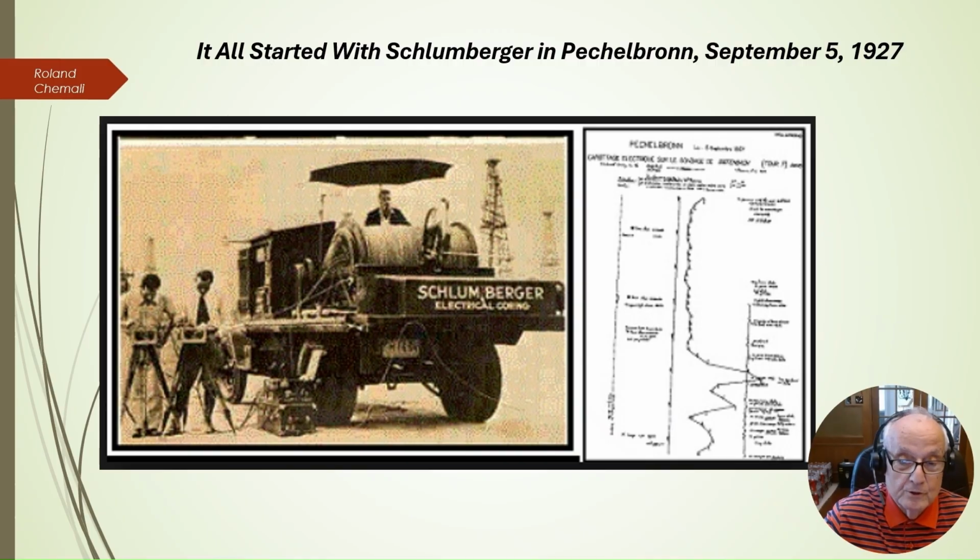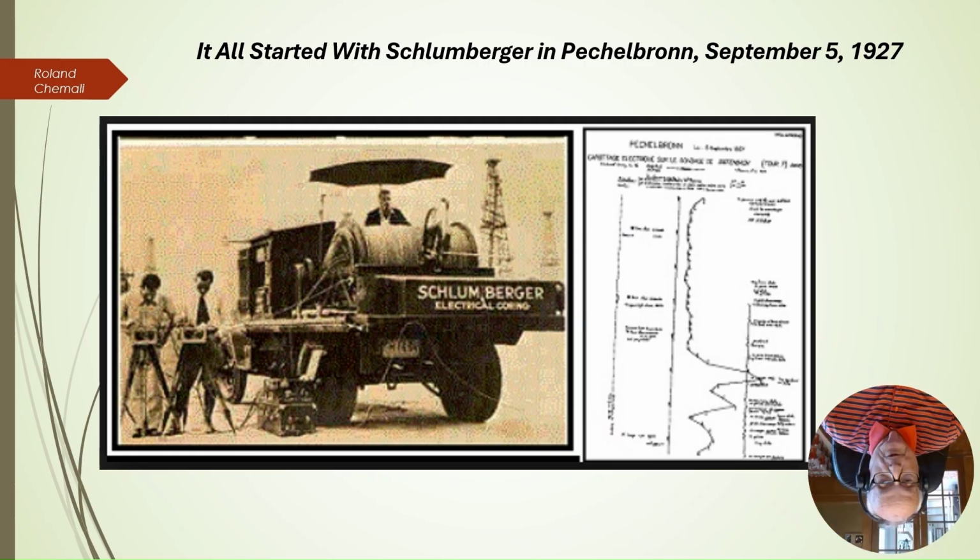You can see here a truck which is either the truck that was used at the Pechelbrunn well or maybe a similar truck. You can see that the logging engineers are wearing ties. Wow. And the logging operator has an umbrella just in case it rains. This is the first log that was ever recorded. It is a piece of museum.